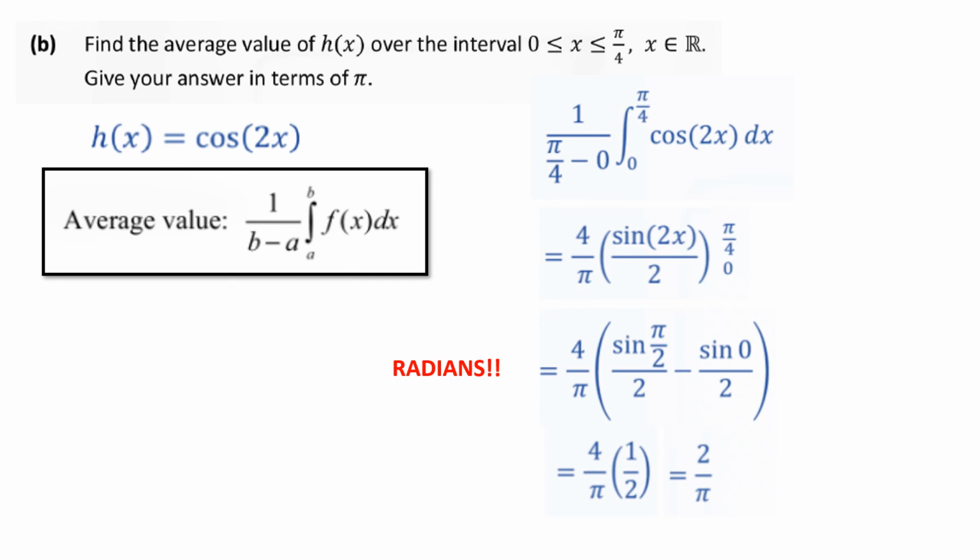We've seen this asked in a few different questions where it's not possible just to use your calculator to give your answer in terms of pi. So be very clear about how you can work to ensure that pi stays and you're able to keep that pi in your answer without relying on putting the whole thing into the calculator.